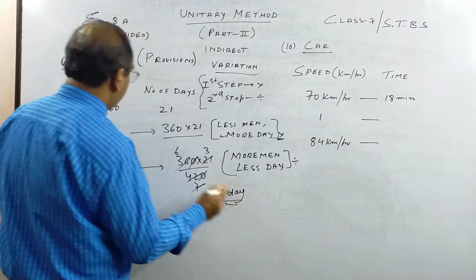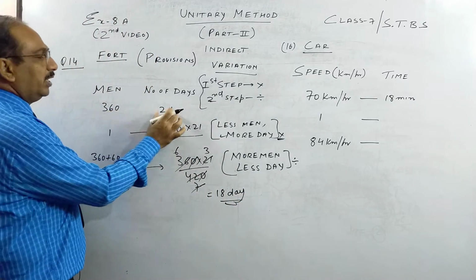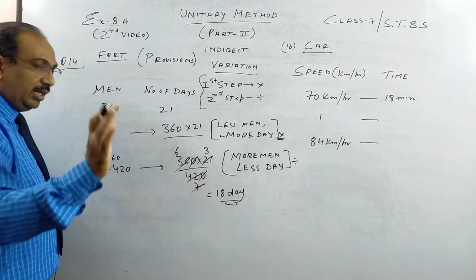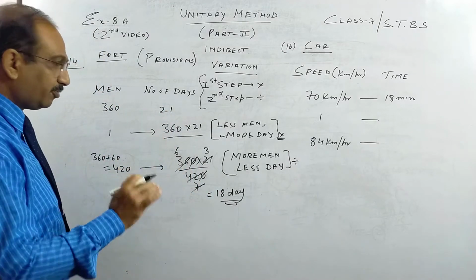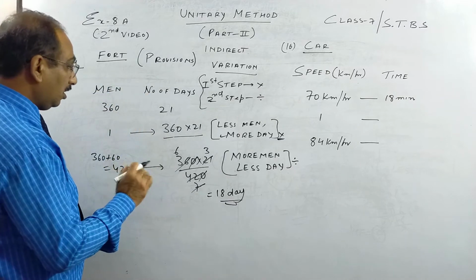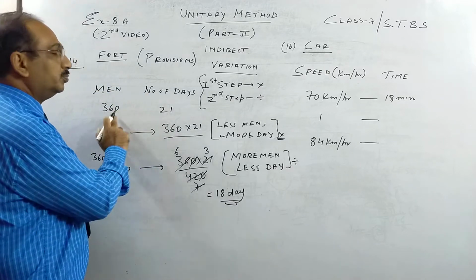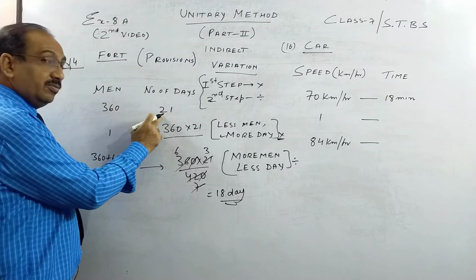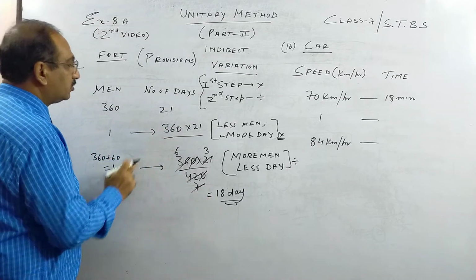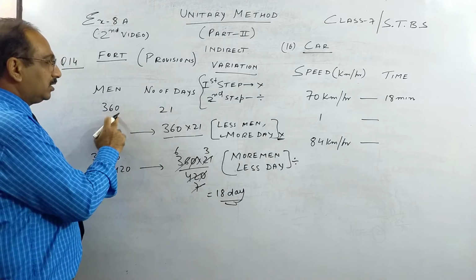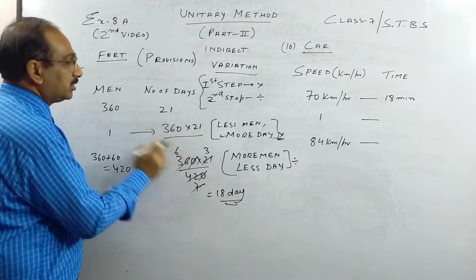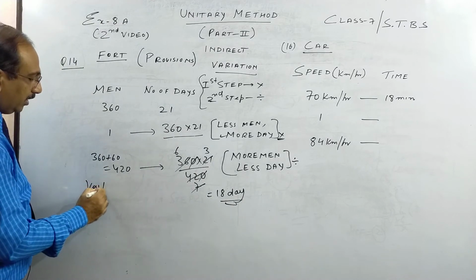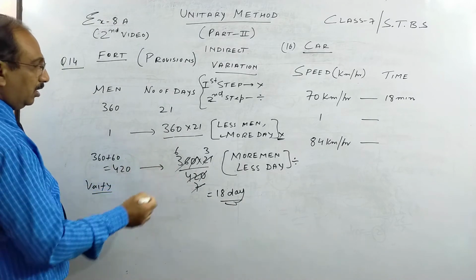So once more, 360 people, 21 days. More people, less days. And one very interesting thing I'll tell you, which I forgot in my direct variation. If you see the product of these two, in inverse variation, in direct it is crisscross. The product of these two gives you the product of these two. Okay, this is less, this is more, this is more, this is less. So you can check these two products later on, in any inverse variation.